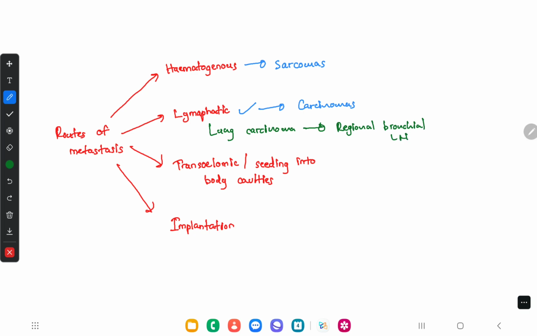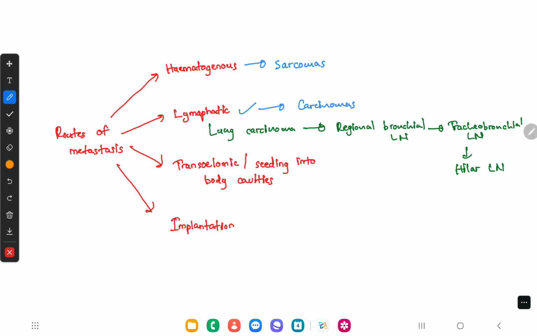Then they metastasize to tracheobronchial and hilar lymph nodes. You already know about breast carcinomas. Those first spread into axillary lymph nodes. Like that, in lymphatic spread, tumor cells spread along the natural pathways of local lymphatic drainage.